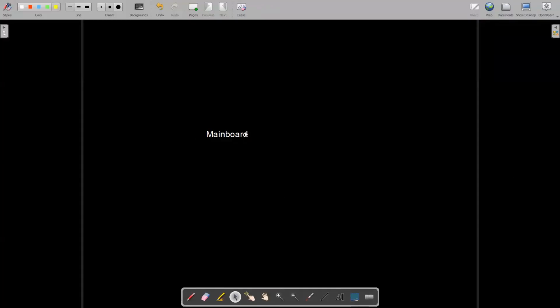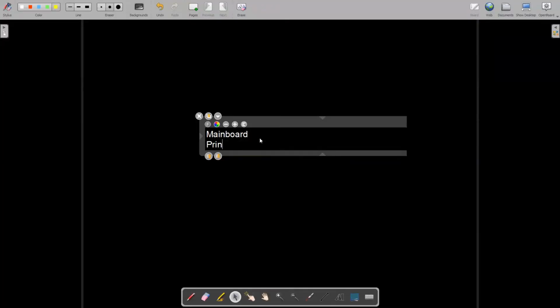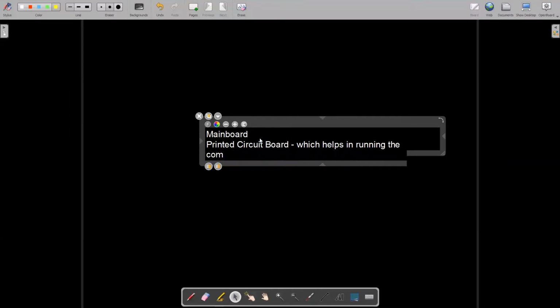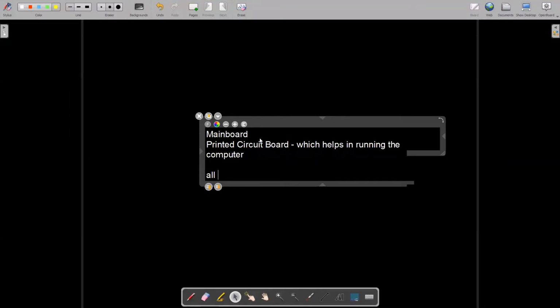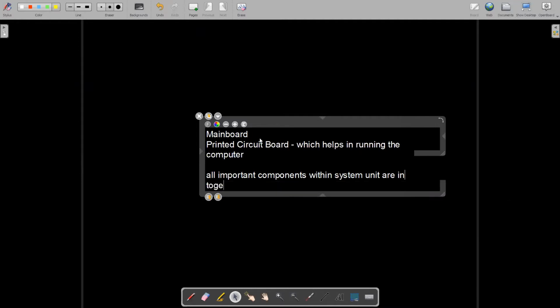It is actually a printed circuit board which helps in running the computer. All important components within the system unit are integrated together on the motherboard.